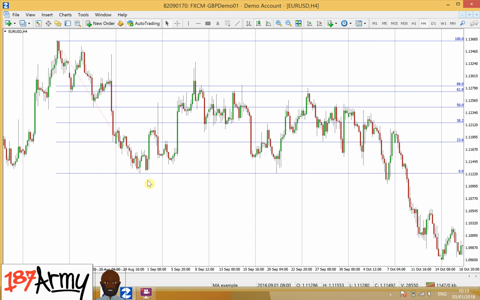So again, to recap, you'll never use Fibonacci as a way of determining market trend. You will only use it as an entry method, because even though price does exceed the 66.0 level here, you are still in a downtrend. Just because it exceeds the 66.0 level, it doesn't mean you're in an uptrend. You would only be in an uptrend if the market surpassed the previous high, which is there.